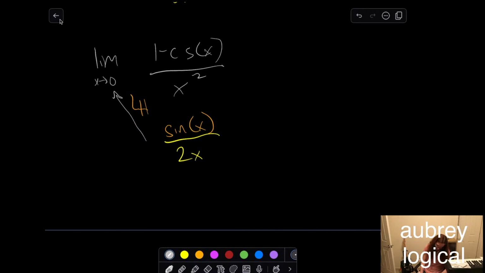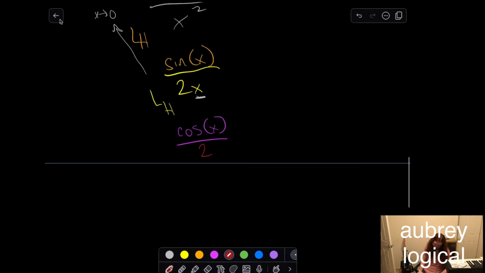So anytime there's an x still in the denominator, it means we're going to still have to do L'Hopital's rule again. So going from sine to its derivative, we're going to end up with cosine of x. And the derivative of 2x is going to be 2.